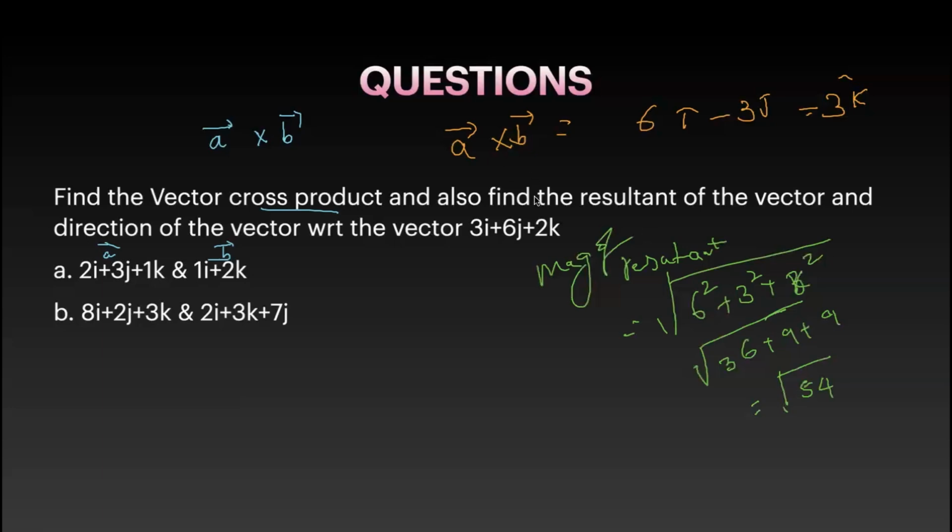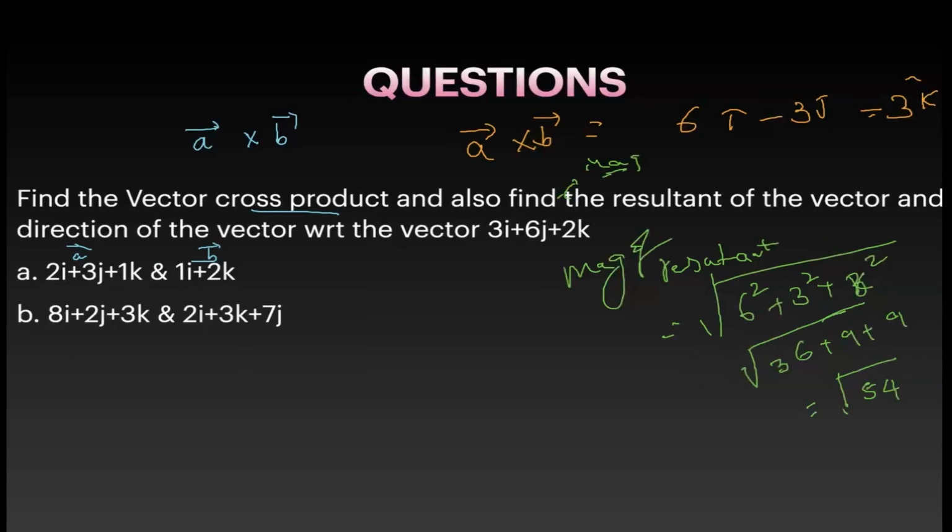What are we asking? Magnitude. Now you have to find the direction of this vector with respect to another vector. With respect to this vector, you have to find the direction. What is that formula?